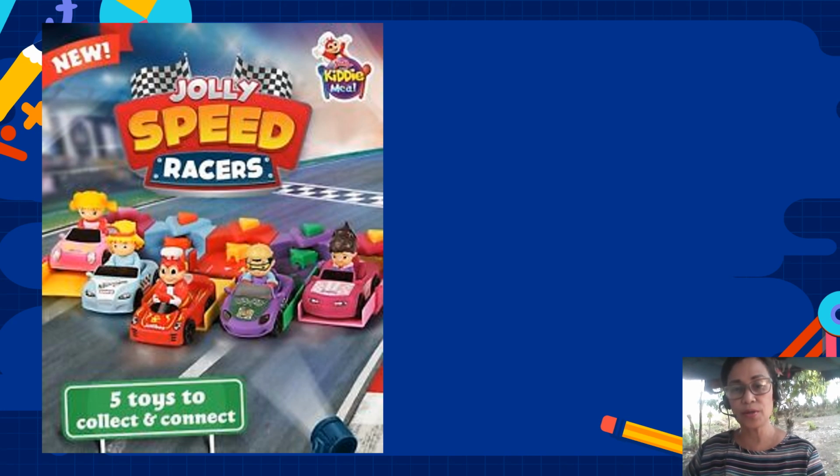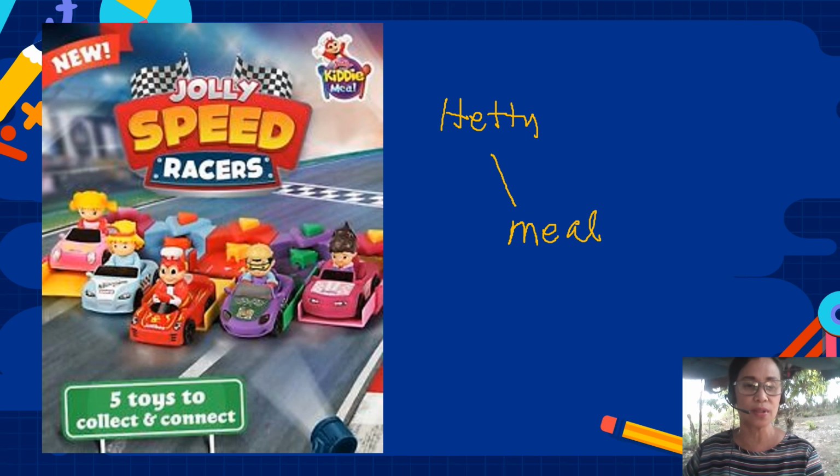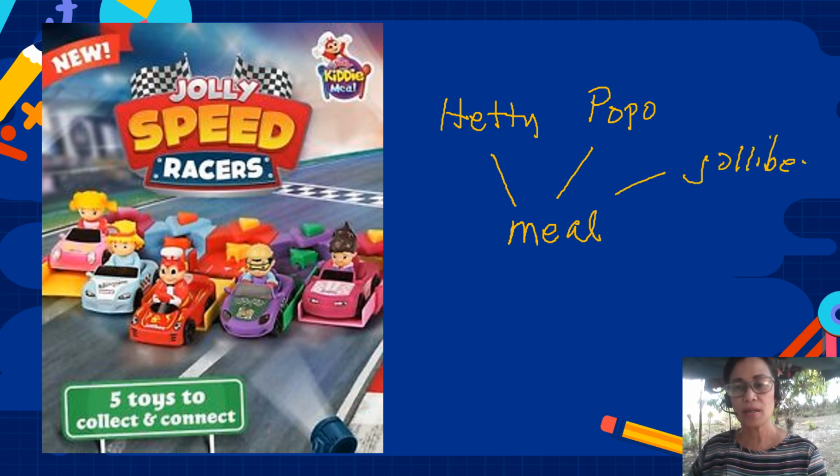Okay, so your meal can be paired with a healthy toy. That's the first choice here to the left. Or a meal with a Popo race car, a meal with Jollibee, and a meal with a Mr. Yum toy, and last is a meal with a free twirly toy.